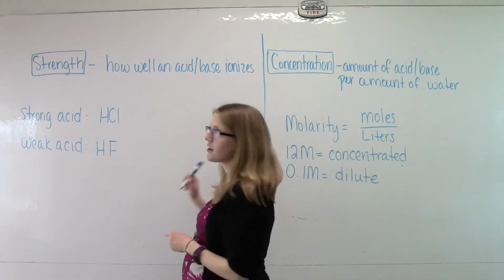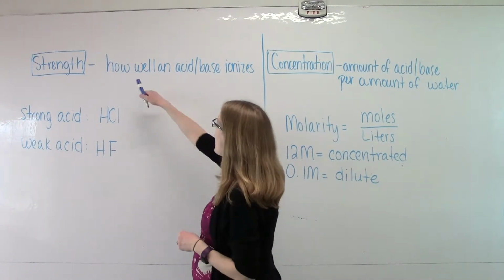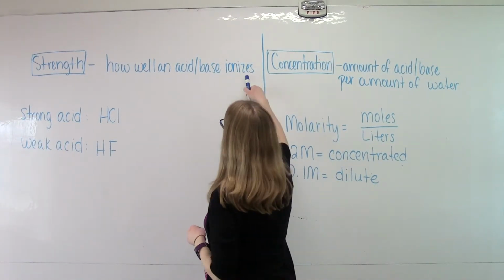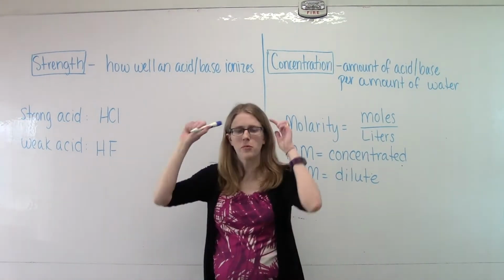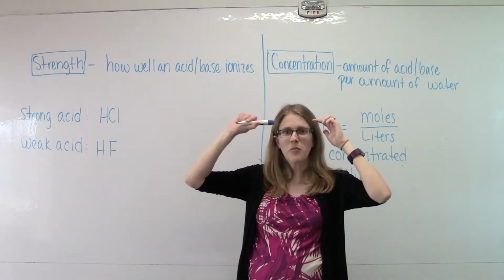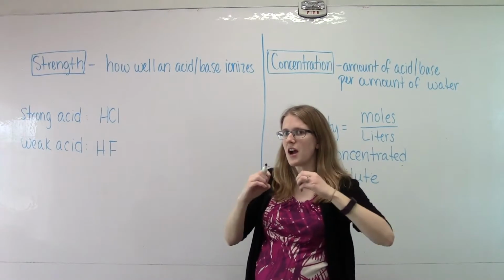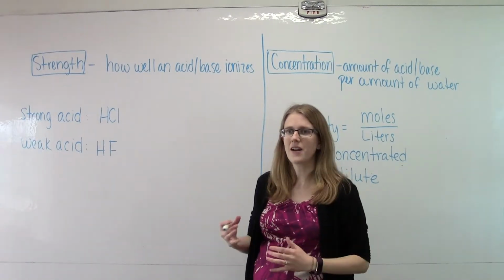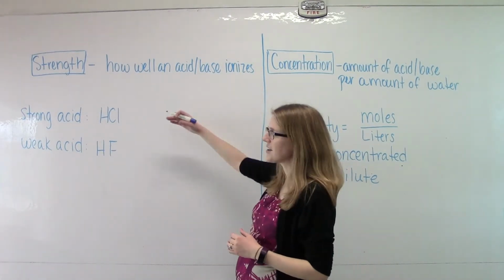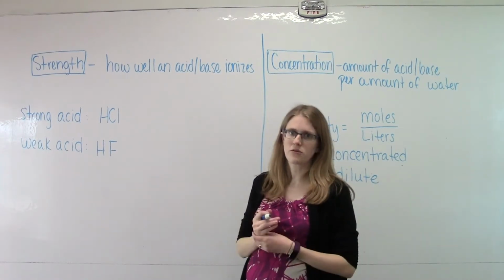Now let's talk about strength. Strength is different than concentration. Strength is how well an acid or base ionizes. Ooh, we have to remember back to electrolytes to remember what that means. Ionizes is to split apart into ions. You remember electrolytes ionize, and if you remember, acids and bases are both electrolytes.